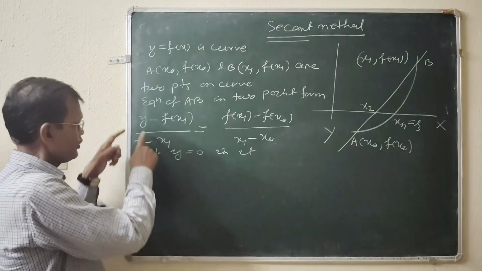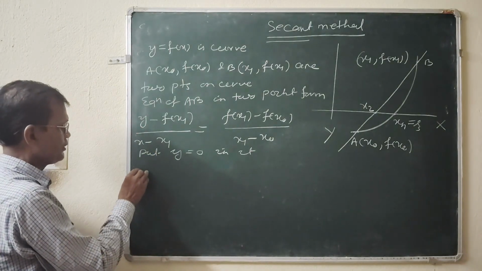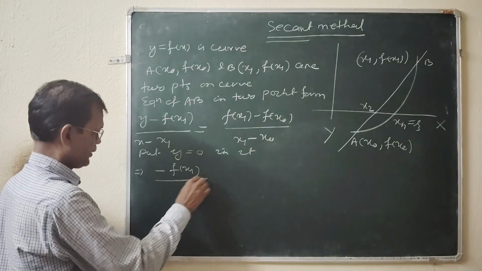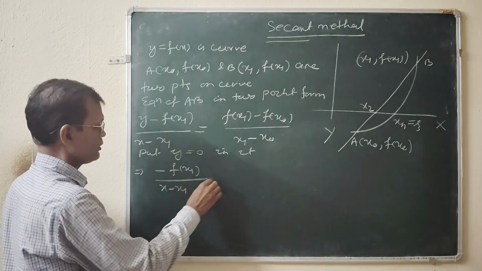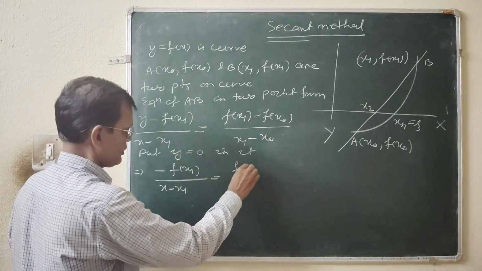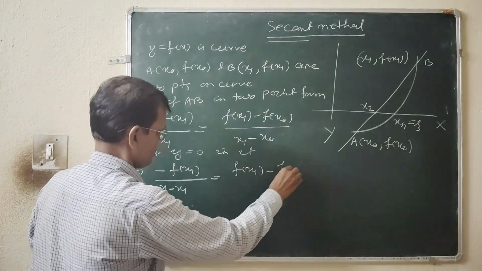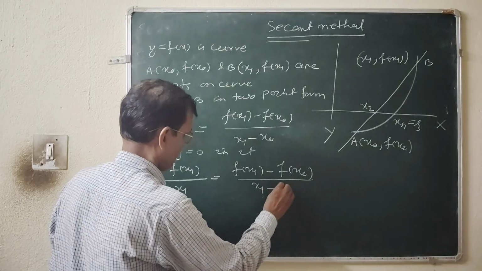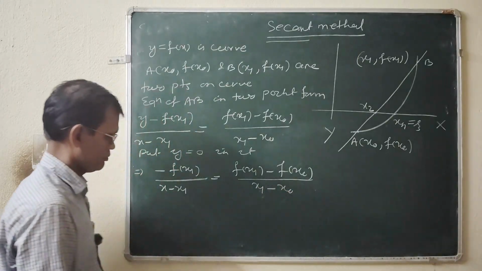If we put y equal to 0, that gives minus f(x1) by (x minus x1) is equal to (f(x1) minus f(x0)) by (x1 minus x0).